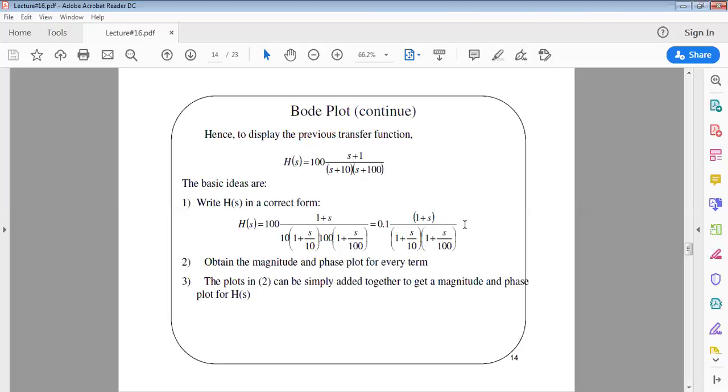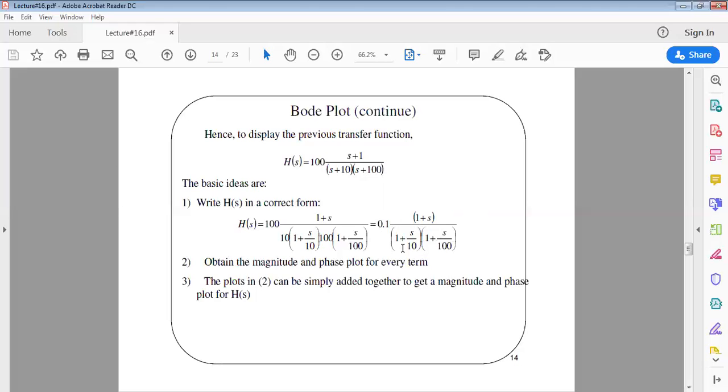So there should be 4 different plots that can be sketched. I repeat again: a constant of 0.1, a real zero at 1, a real pole at 10, and a real pole at 100. These are the plots that can be obtained from H(s).